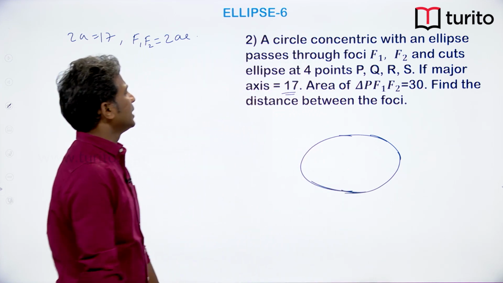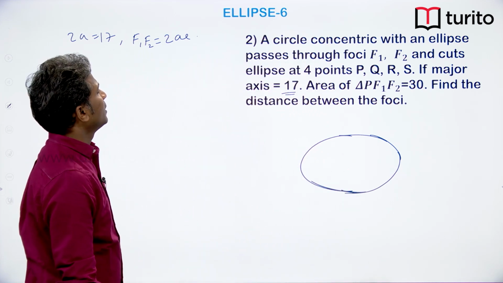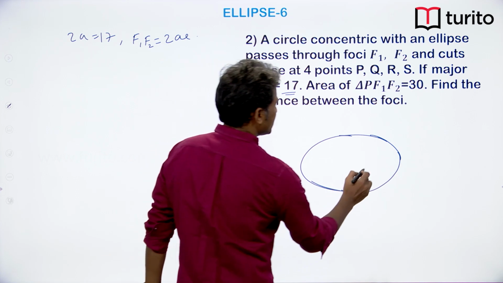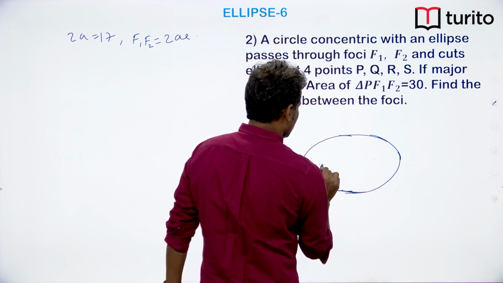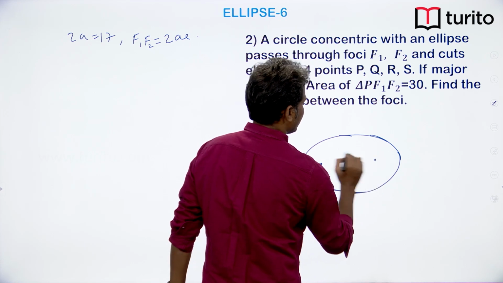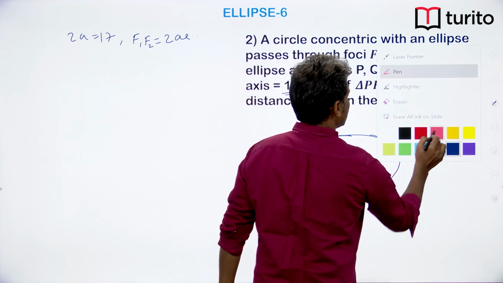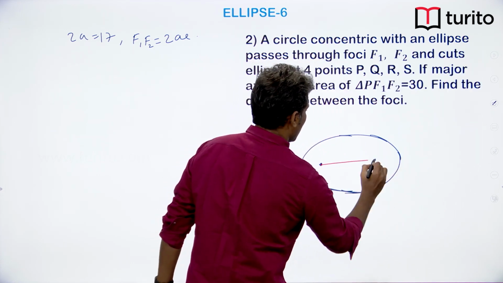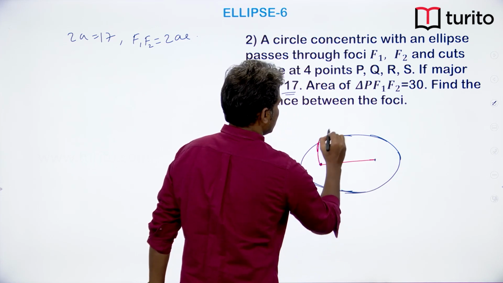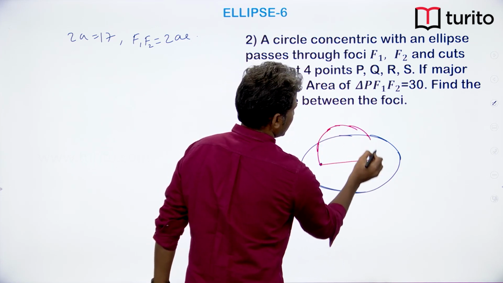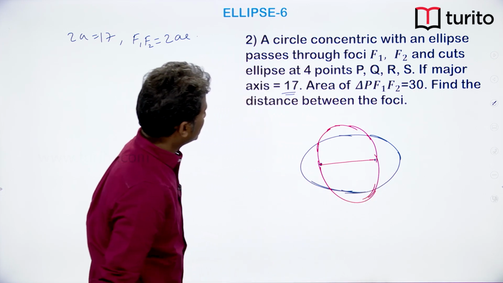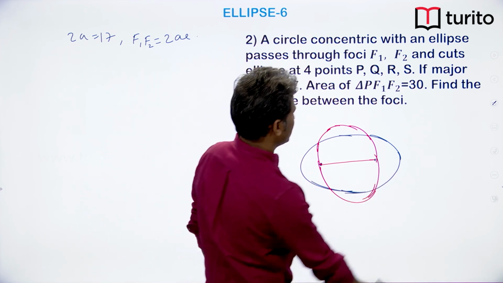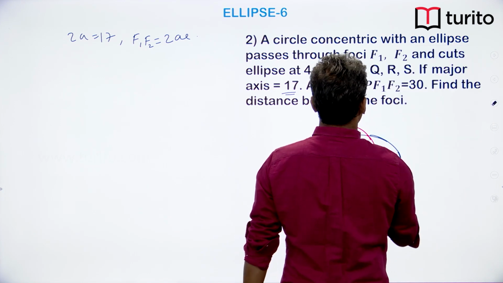So we have one ellipse and there is one circle which is passing through the foci. Let me draw this circle in red. Having this as the diameter, if we draw one circle, we may get one circle like this. Imagine that this is a circle; let's make it look like a circle.